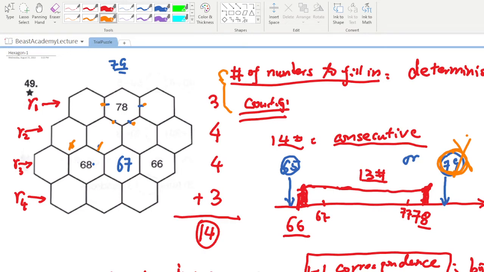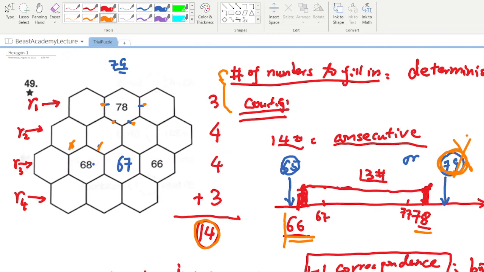The number of cells determines the number of consecutive integers you need to fill, right? You know you need to fill 14 consecutive integers, right? Then the rest is based on the numbers it gives you.